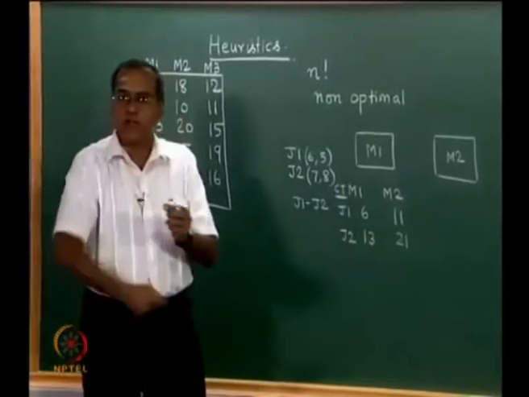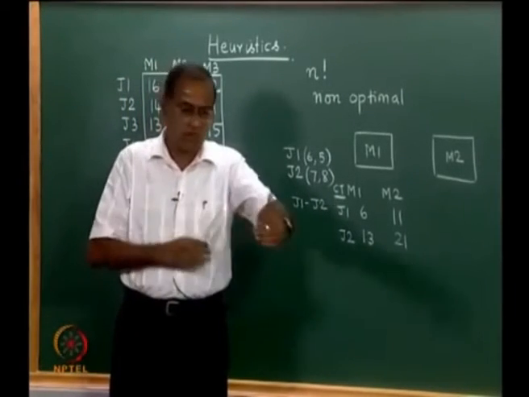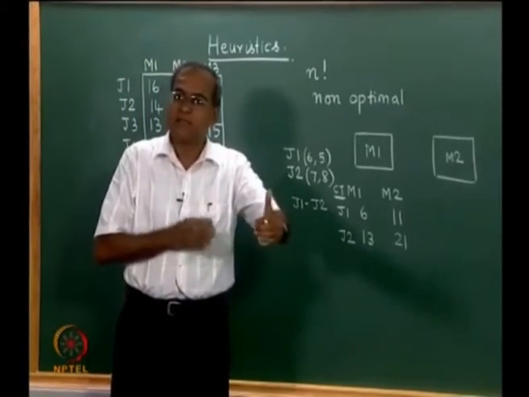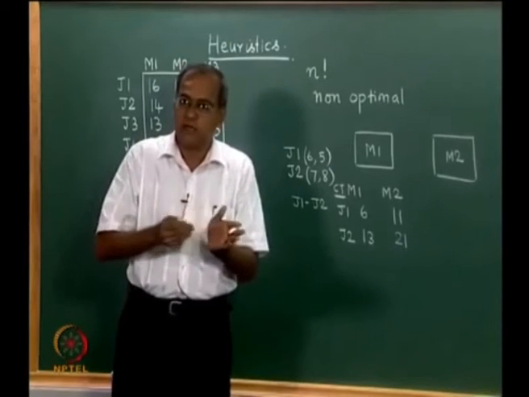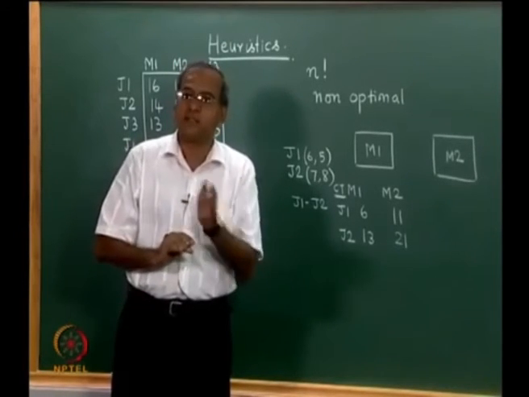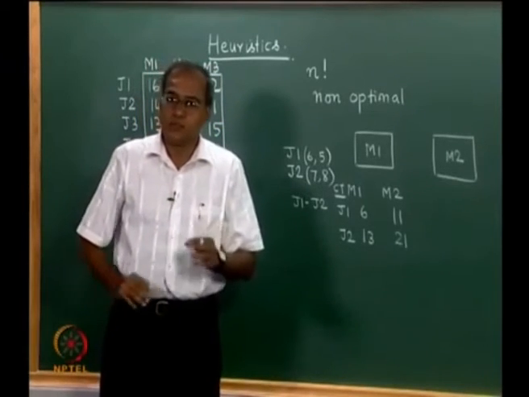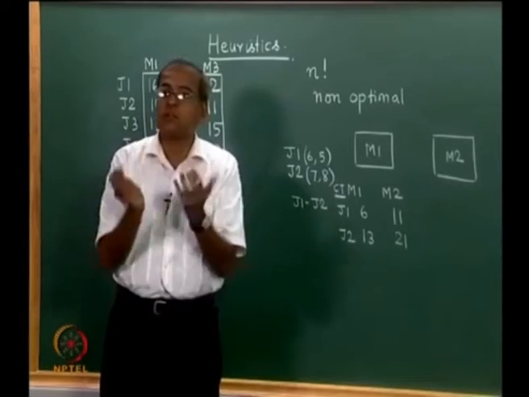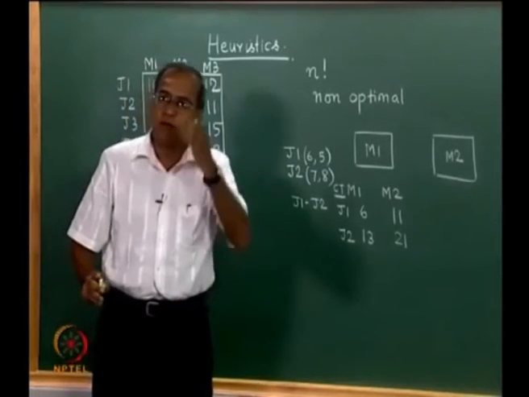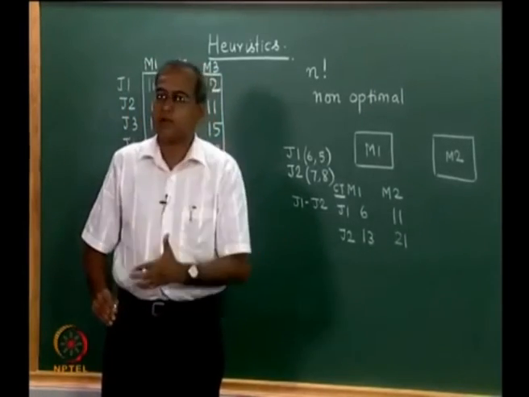So, 1 out of the n factorial will be optimal for the first machine, and the same 1 out of the n factorial is chosen such that it is optimal when we consider all the machines. So, we reduced the feasible solution space from n factorial to the power m to n factorial.